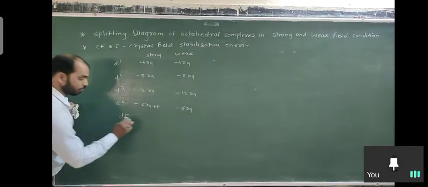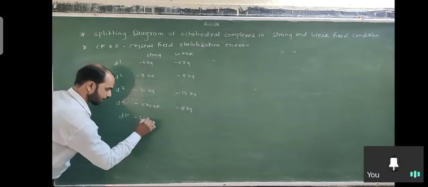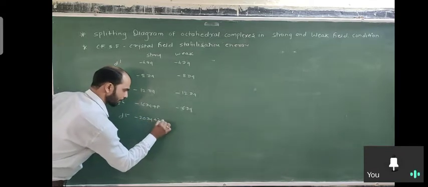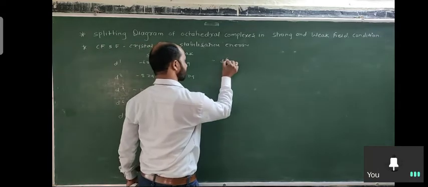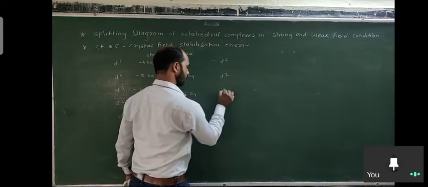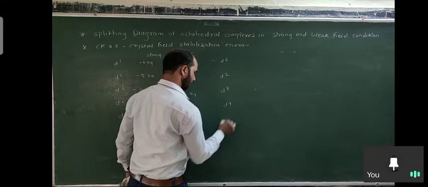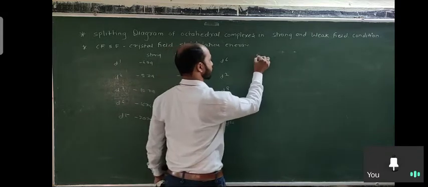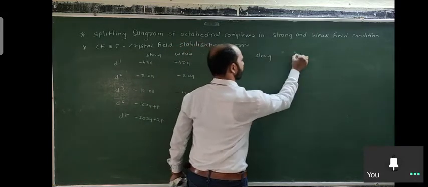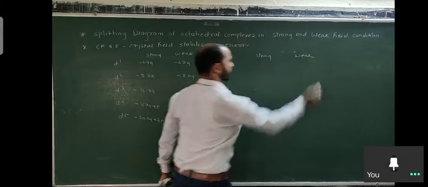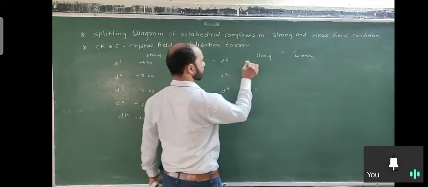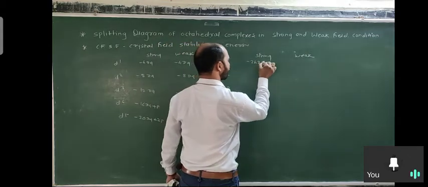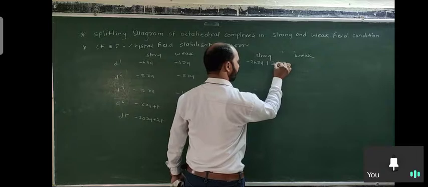For D5, here minus 20 Dq plus 2p, here is 0. Then D6, D7, D8, D9, D10, strong and weak.